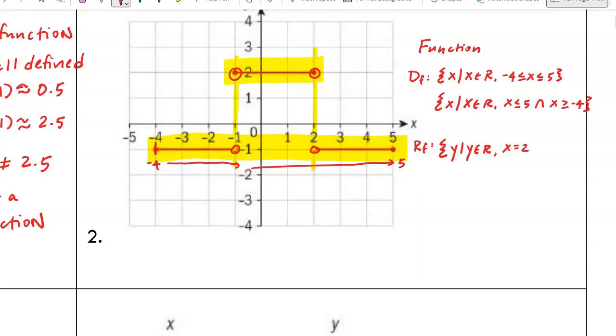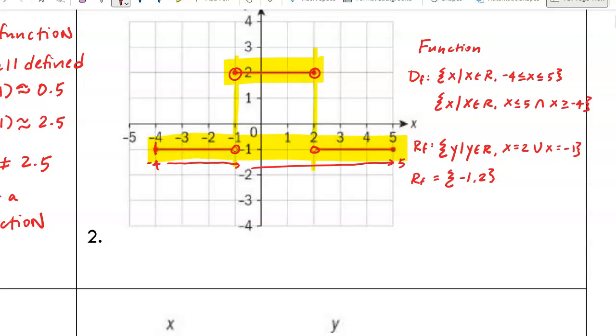So y equals 2, or y equals -1. Or you can put it into simple sets. So the range of the function is -1 and 2. Okay, it doesn't matter. It means the same thing.